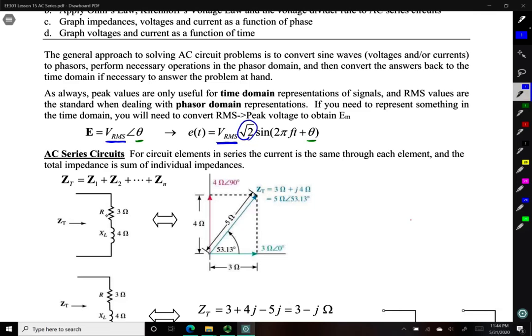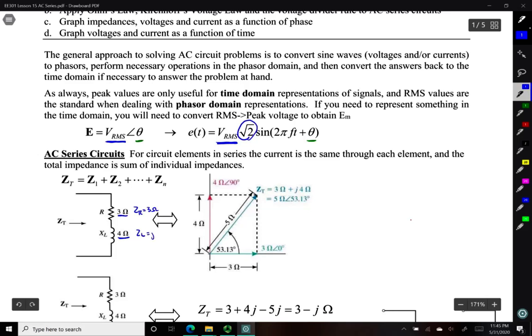So here is a demonstration. Our Z total in this case would be this resistive impedance, R of 3 ohms, and this inductive reactance of 4 ohms, right here. However, when we add them together, though, we need to be cognizant of the fact that we are just given the resistance and reactance in this case, and we need to make sure that we are translating them into impedance.